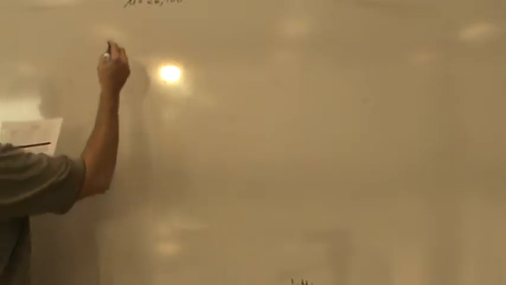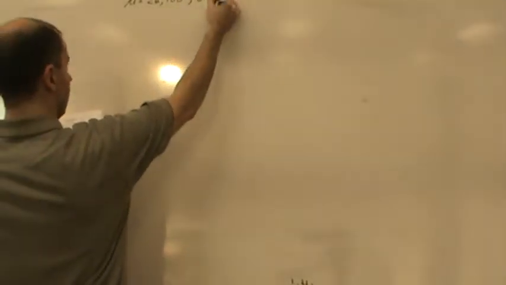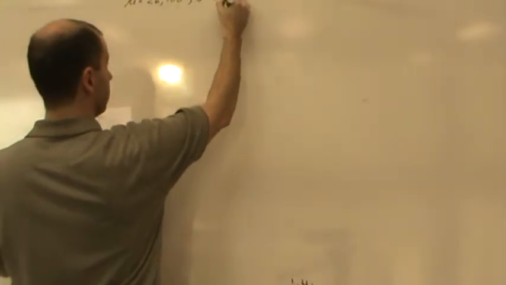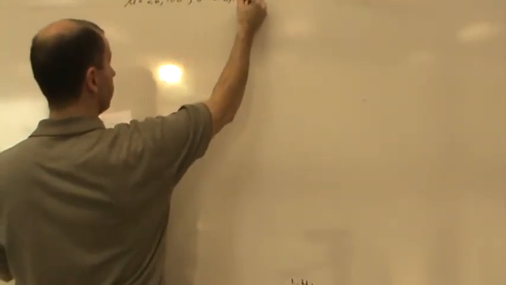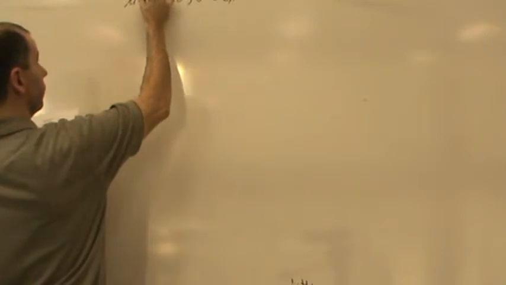They take a sample of 36 bypass operations and showed that the average cost of those 36 operations was $25,000. If we assume the population standard deviation is $2,400, so sigma is equal to $2,400, it says develop and test the appropriate hypothesis to see whether or not the mean cost for this bypass operation is less than $26,100.